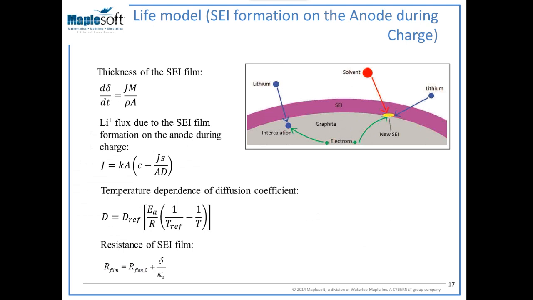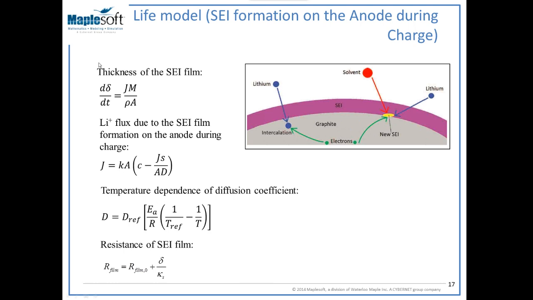Modeling the life or the state of health of the battery is also a very important part of battery modeling and simulation. In the battery component library, we also include an example which shows how you can model the life or the degradation of the lithium-ion battery versus the charge and discharge cycles.